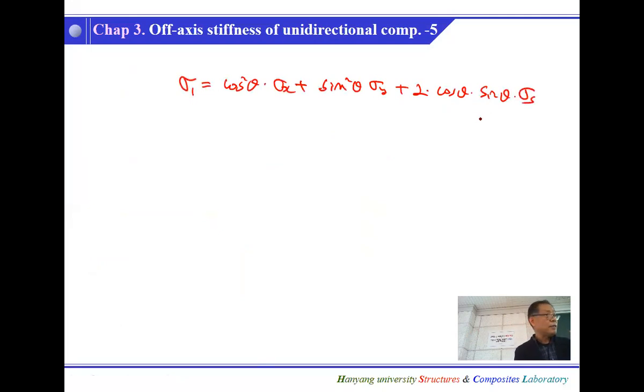This is the stress transformation, but these terms, cosine squared theta, can be replaced by (1 plus cosine 2 theta)/2, and sine squared similarly.